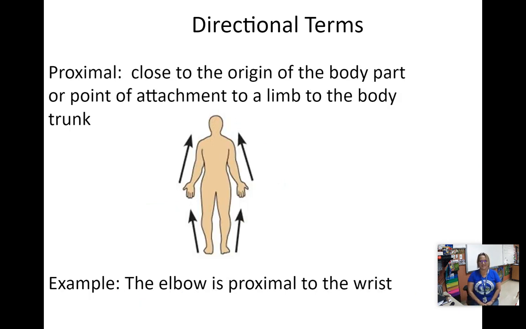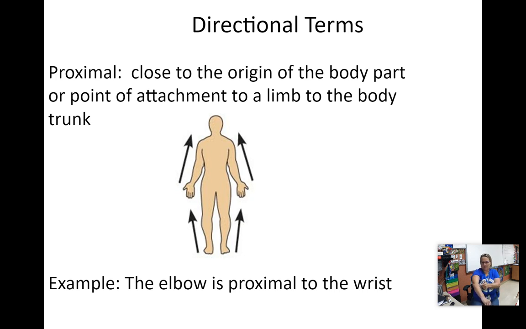Proximal, proximity, close to the origin of the body part or point of attachment to the limb of the body. I want to talk about the origin. Origin means where it's attached. Insertion means where the muscle goes after that. So your bicep is attached here. This is the origin.